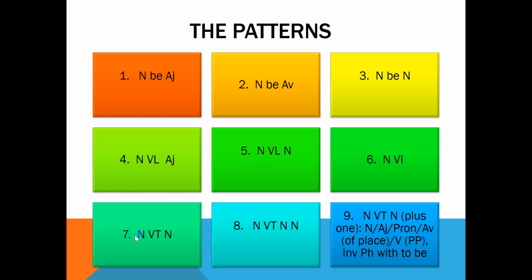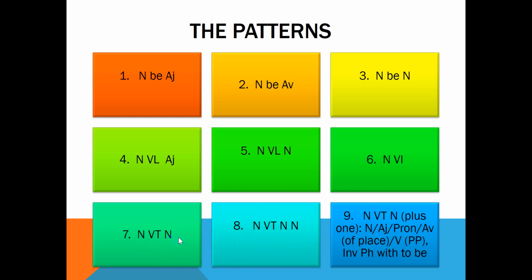And then pattern 7, pattern 8 and pattern 9, the 3 of them use transitive verb. VT here is verb transitive. The combination is noun, transitive verb, noun.